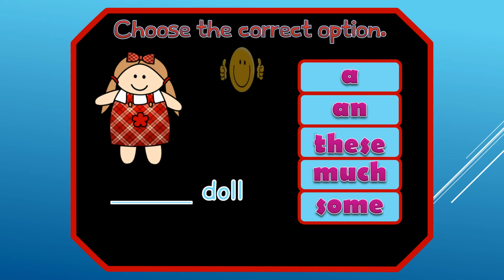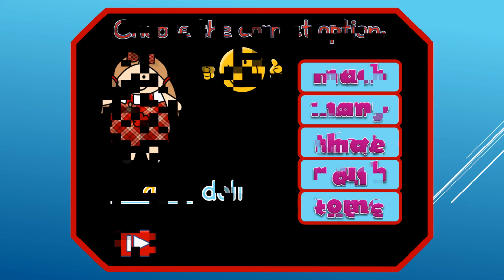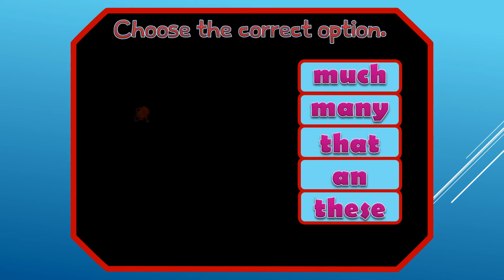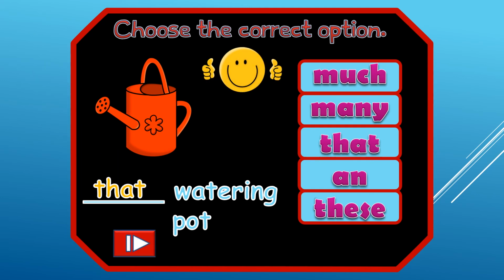Of course, we say a doll. Watering pot: much, many, that, and, or these. We use that because this word is singular.